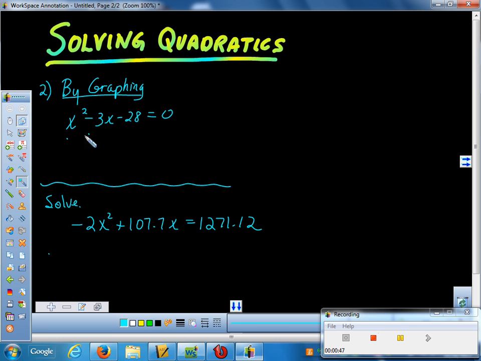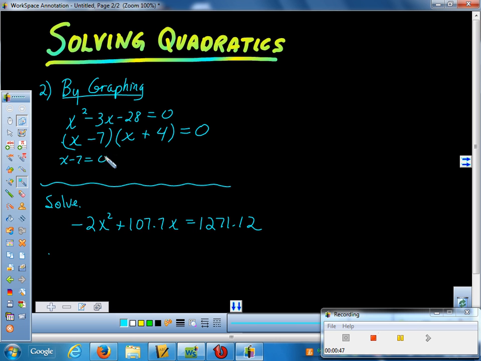So if I was going to solve this one by factoring, what factors might you want to use? X and X. Factors of 28: 7 and 4 would be good. And I need to make a -3 in the middle, so I would need it to be a -7 and a +4. And then what do I do with my factors?